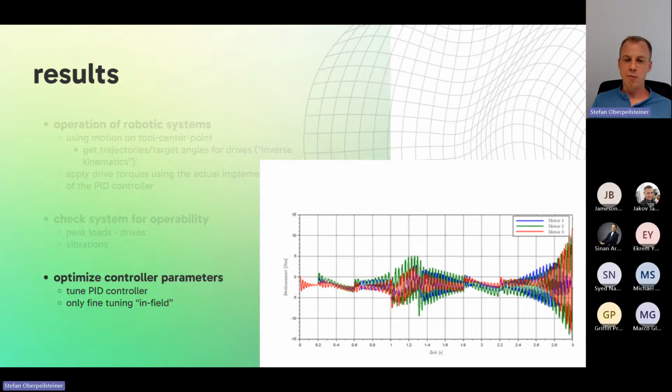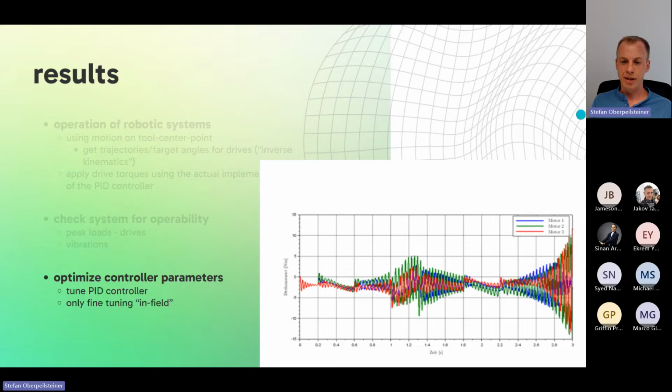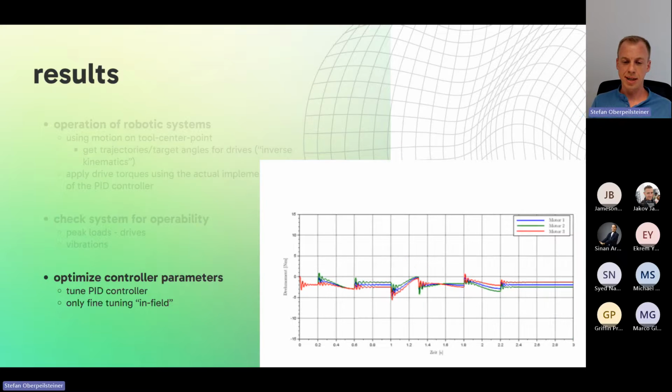Just to have one iteration, and we did many more, one iteration was to change a parameter of the PID control, in this case the I part, the integral part. It was, I think, doubled in this case, and this is the outcome. So just to compare, very large oscillations, and with the improved controller setting, these oscillations are of course not completely flattened, because it's a PID control.